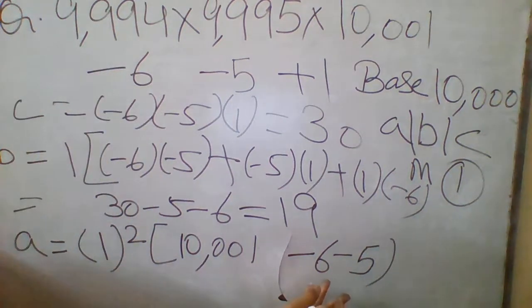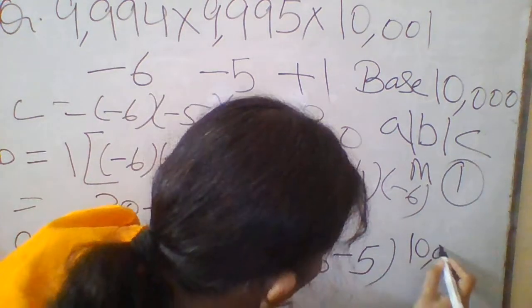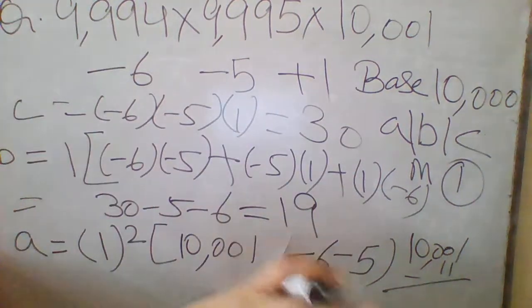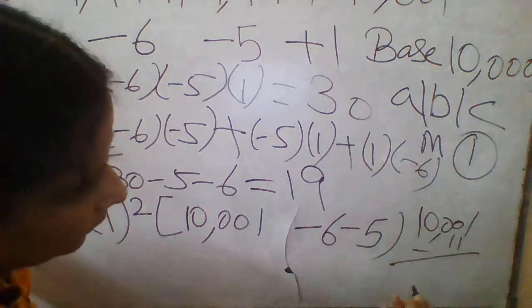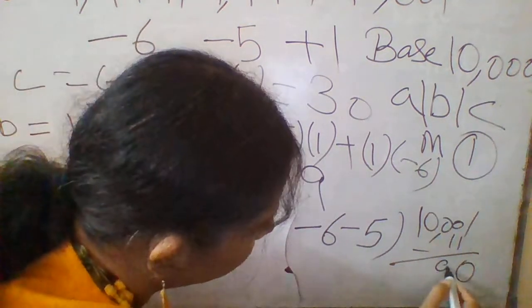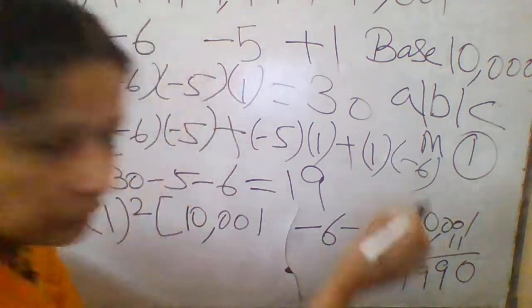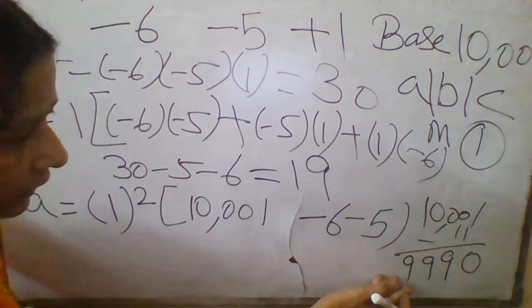Minus 6 and minus 5 will be minus 11, and from 10,001 if you do this minus 11, then here you will get the result. Now you got the value of A also.